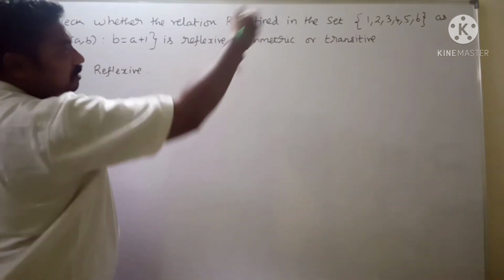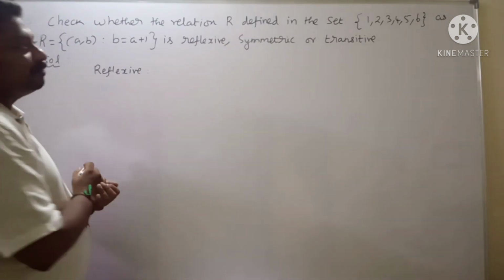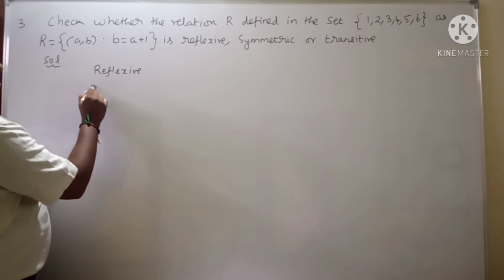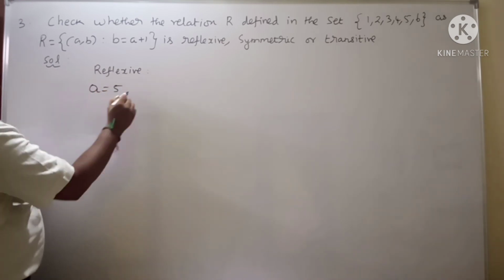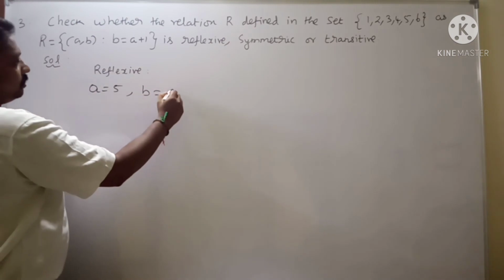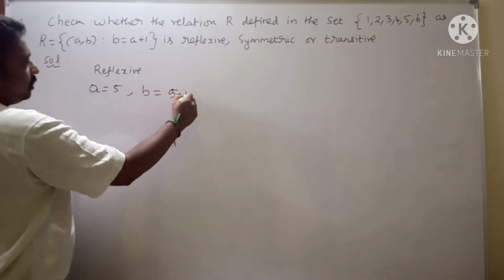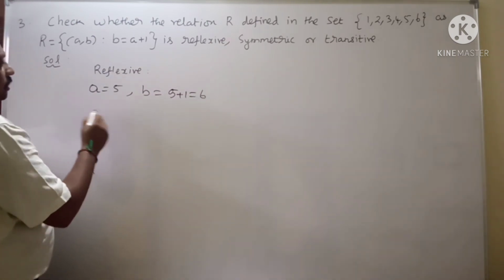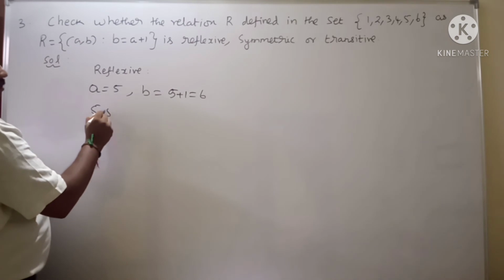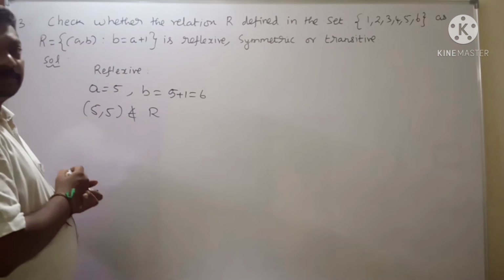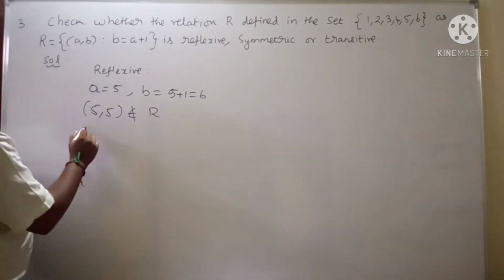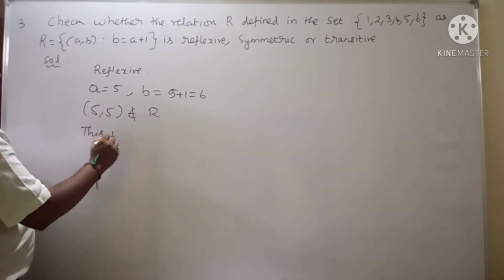We take any value from the given set, say a = 5. Then b = 5 + 1 = 6. So (5, 5) does not belong to the given relation. So this is not reflexive.